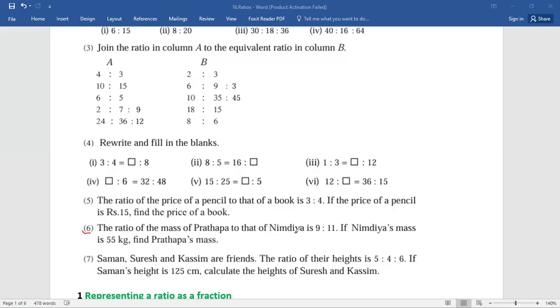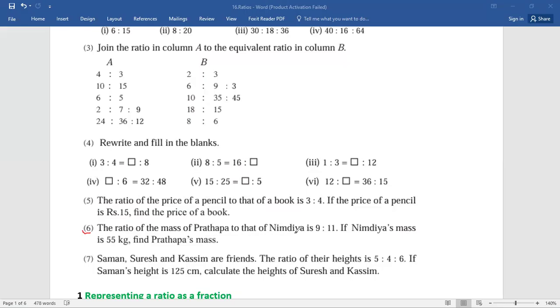So you have to find the height of Suresh and Kasim. All the details are available for Saman: Saman's height and Saman's parts. So this is where we are going to start solving the question.